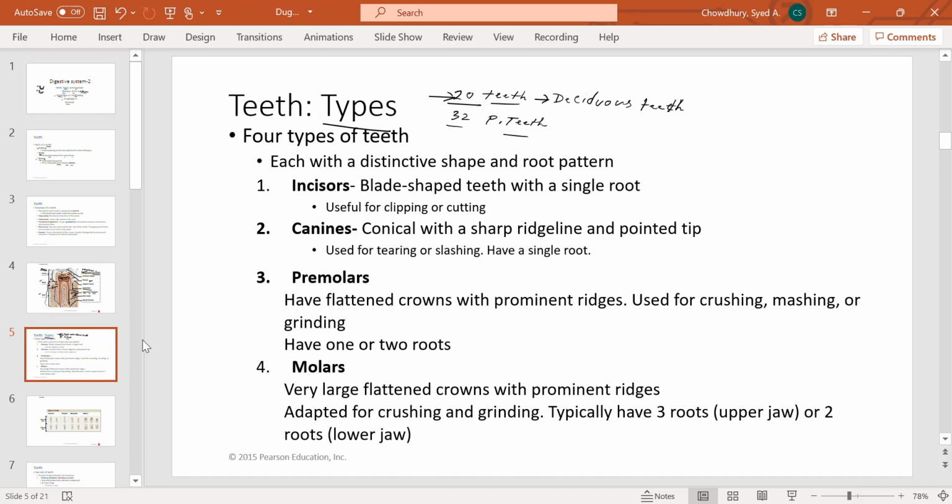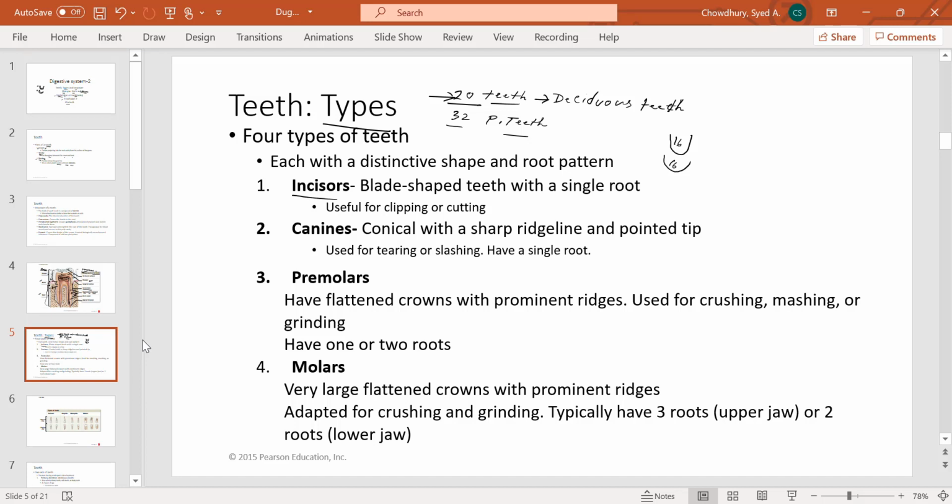So as I mentioned, your 32 teeth are present in two arches, right? Each has 16. So if we see one arch, what are the different types of teeth you have? You have incisors.